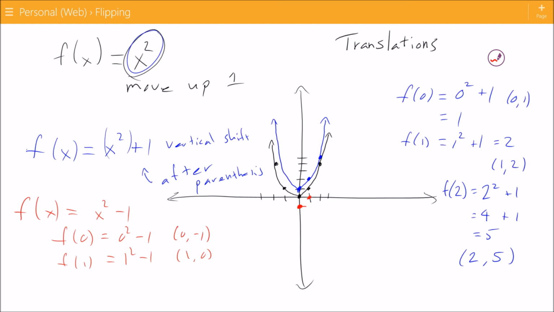And I can continue on. I'm going to get something very similar, shifted by 1, down.